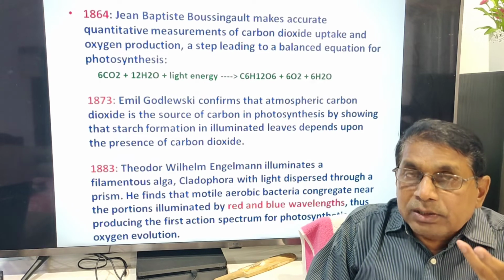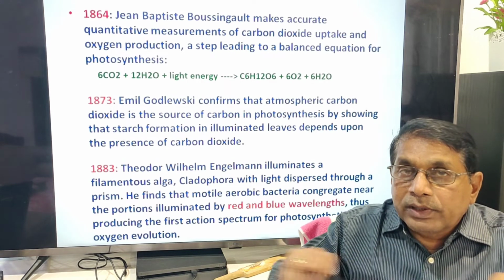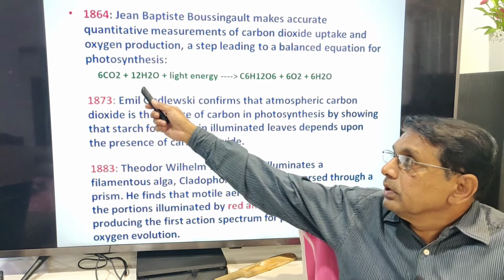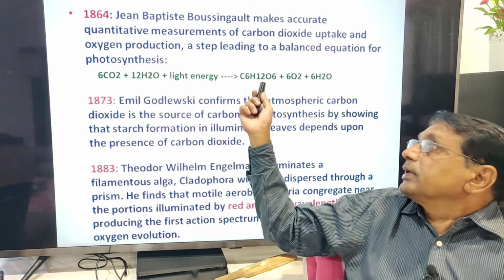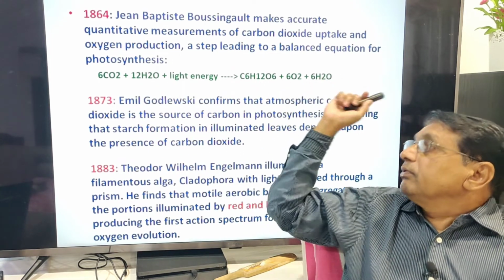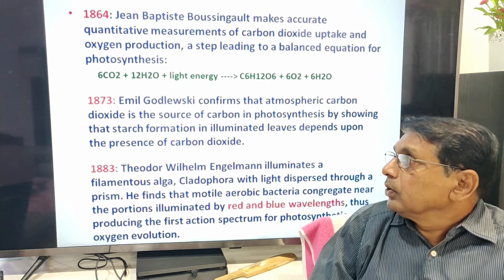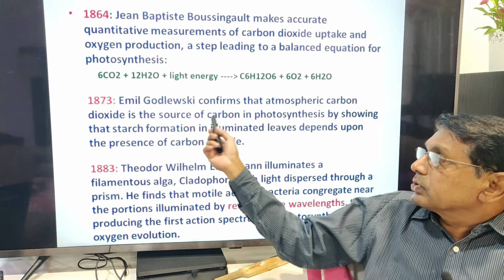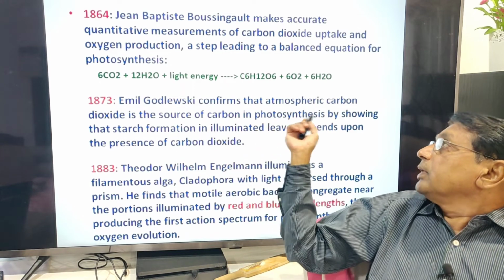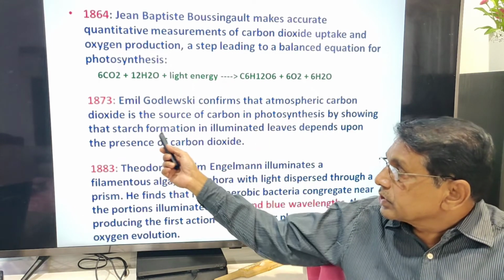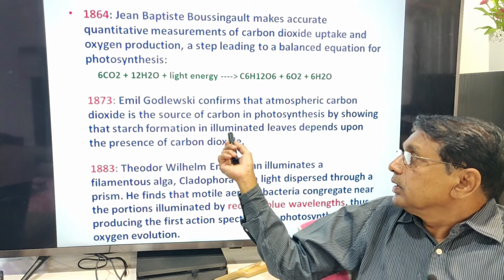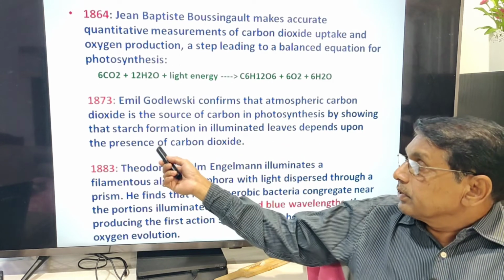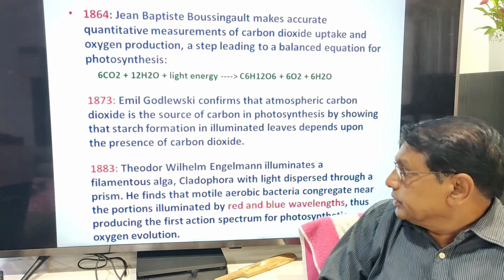So this enabled them to formulate an equation like this: carbon dioxide, water, light energy, giving carbohydrate, oxygen and water. Then Godlewski confirms that atmospheric carbon dioxide is the source of carbon in photosynthesis by showing that starch formation in illuminated leaves is dependent upon the presence of carbon dioxide.